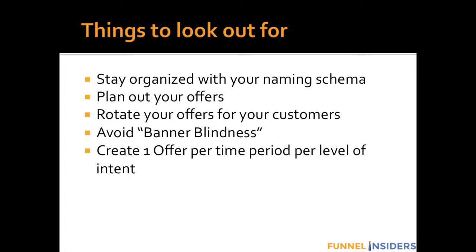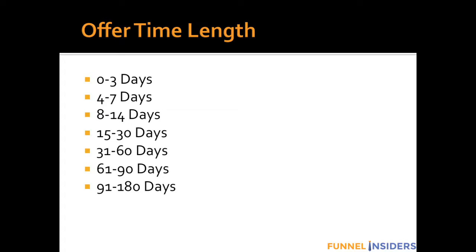Now, your level of intent may differ from the levels of intent that I'm presenting here, especially if you're not doing e-commerce, but just as an example, you'll get a good idea of what your levels of intent are by following this procedure. So this applies for any type of product, and this is a proposed offer time length.